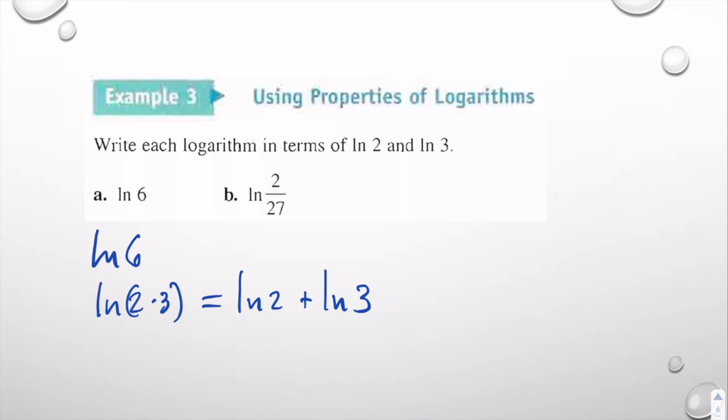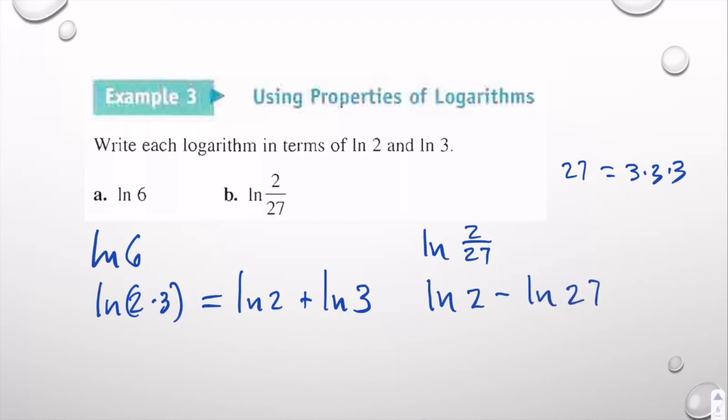So here's B. If I took ln of the quotient 2 over 27, and also recognize that 27 is the same as saying 3 times 3 times 3. Let's see what we can do here. We can actually say that this is, first of all, ln of 2 minus ln of 27. Or we could actually say it this way.